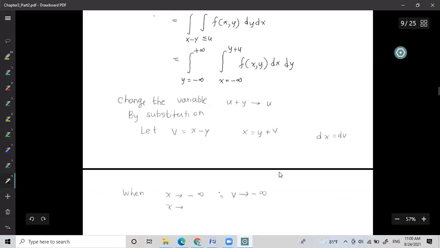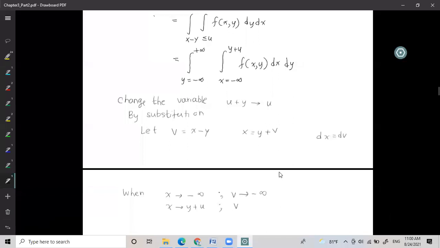And when x goes to y plus u, y will cancel out and v goes to u. So that is why we chose the negative sign, to get this cancellation. Now we have simple limits.